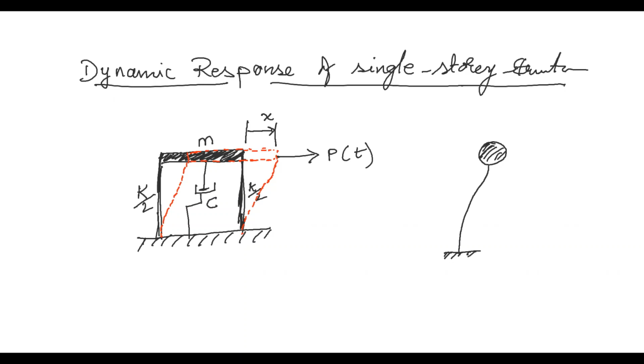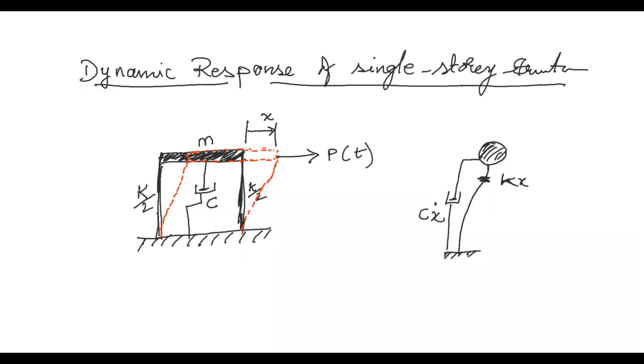This is nothing but the stiffness K into X. The next one is going to be my damping ratio C, which I can write as C into X dot.